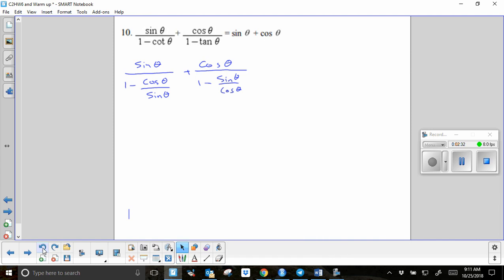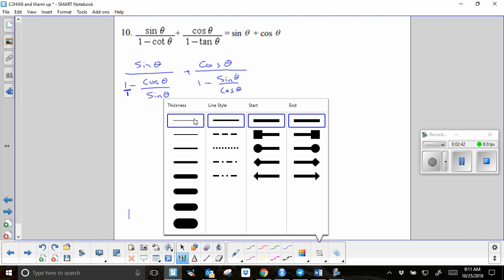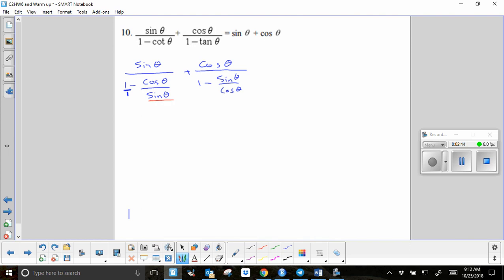No. What do I need to do? This is 1 over 1, by the way, right? What do I need to multiply the first fraction by? I'm going to multiply by sine of theta, and the reason I'm doing that is because I want the bottoms of them to be the same.